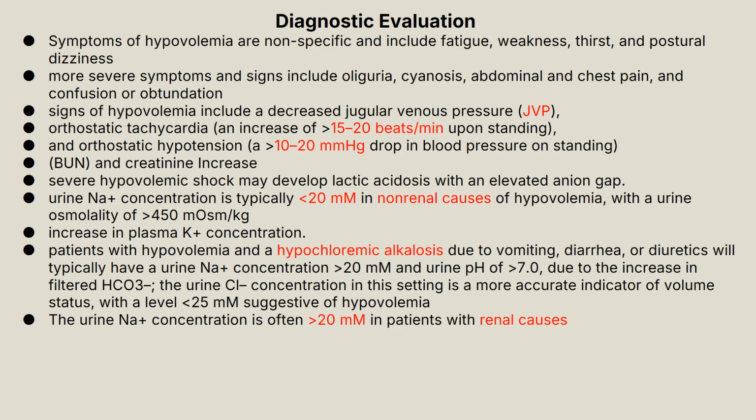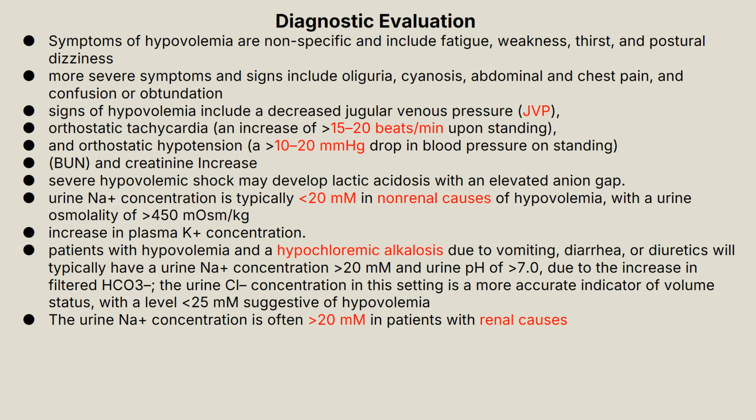Urine sodium concentration is typically less than 20 millimoles in non-renal causes of hypovolemia, with a urine osmolality of more than 450 milliosmoles per kg. There is also an increase in plasma potassium concentration.